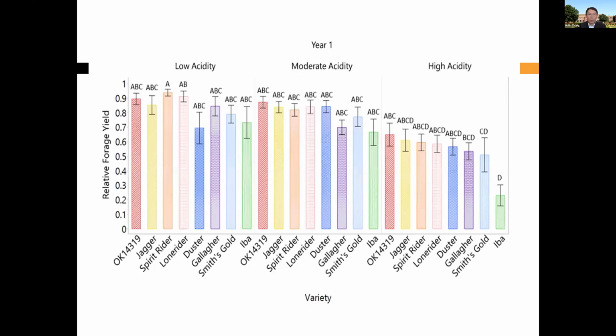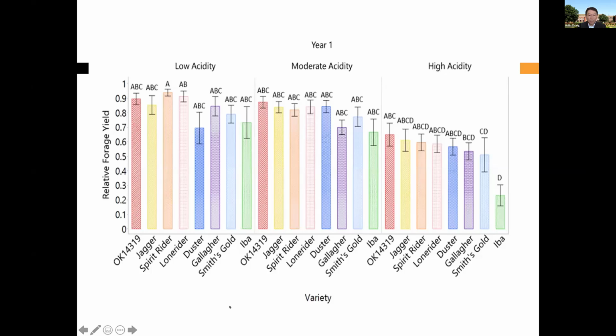Okay, I'm sorry, yeah, we got it right, but the low is for low acidity, actually high pH, and high is for high acidity, low pH. So when the acidity is low, the yields are higher. When the acidity is high, or pH is low, the yields are lower.